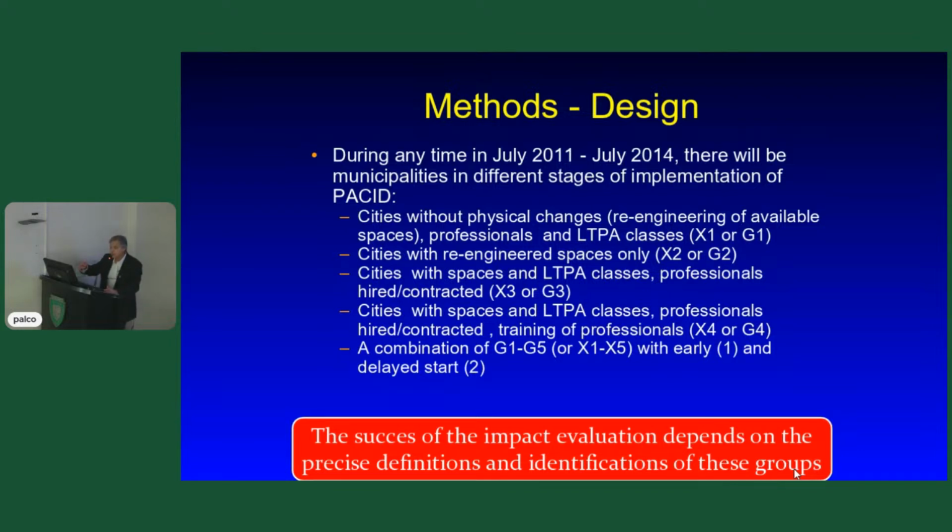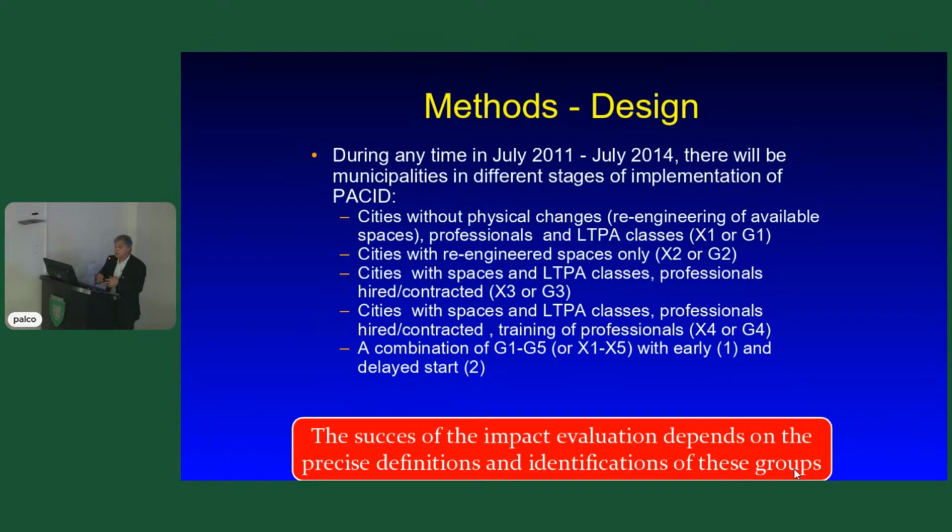So we hypothesized that there would be cities without the physical change, because that's the status quo. And there will be cities with re-engineering of space only after a few months, but no activity yet. Cities with space that already initiated some classes, and professionals were hired and contracted.